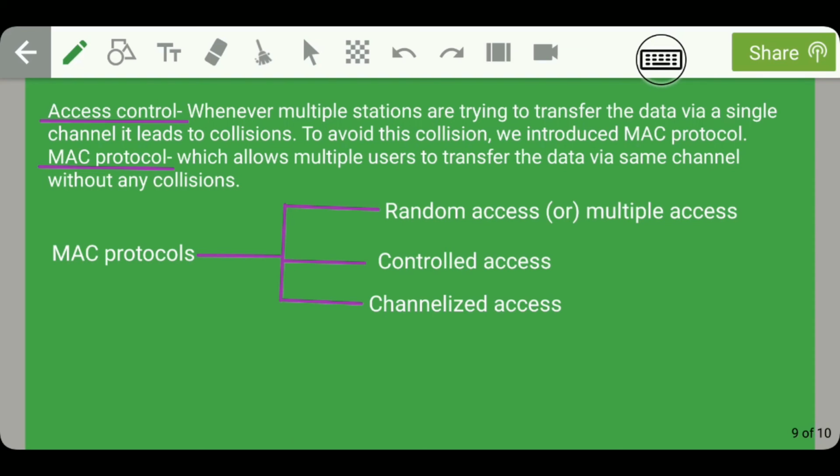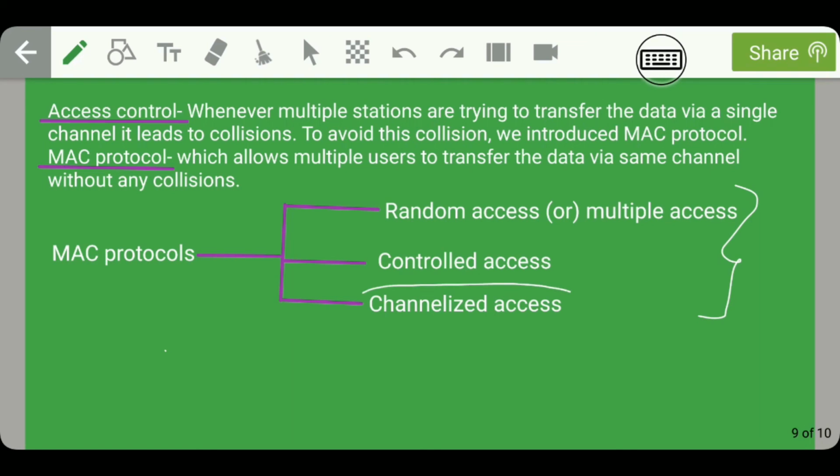So guys, in this way, the data link layer is able to do access control. Guys, MAC protocols are classified into three types, that is random access or multiple access protocol, controlled access protocol, and channelized access protocol. So let us discuss all these three types of MAC protocols in detail.